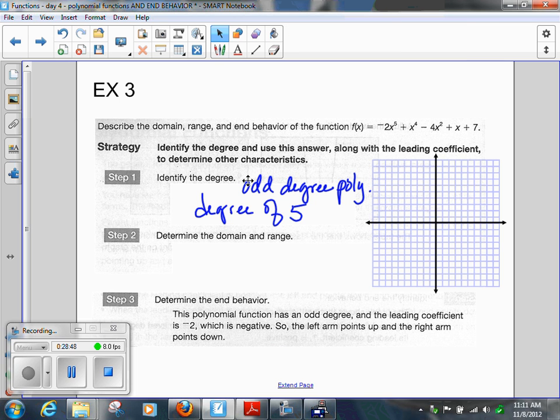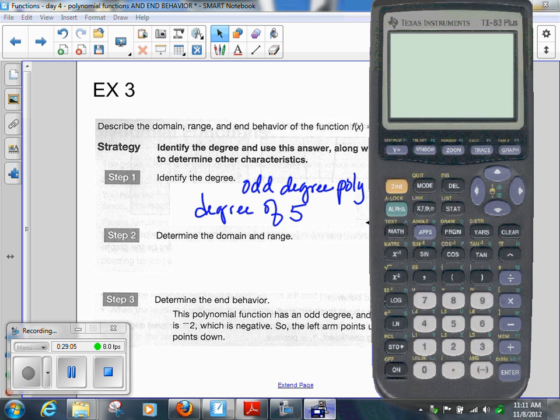Do you know how I would have had to do this back in the day? By hand with an XY graph. That was fun. You guys don't have to do that. Thank your lucky stars. Lindsay, if you'll cut the calculator on.